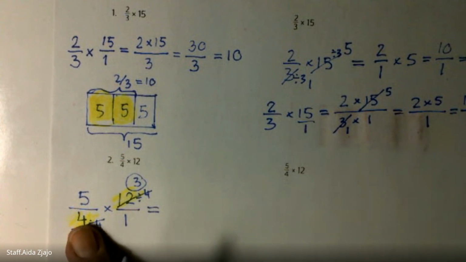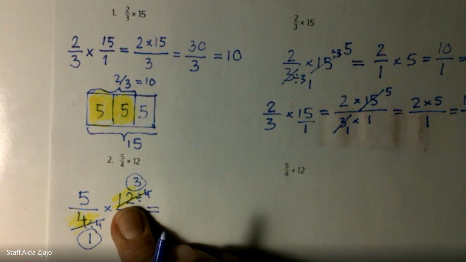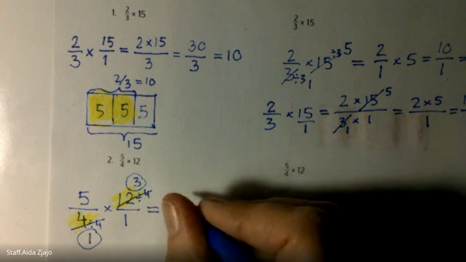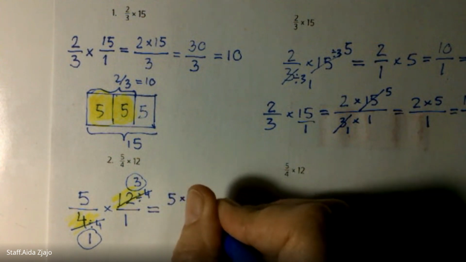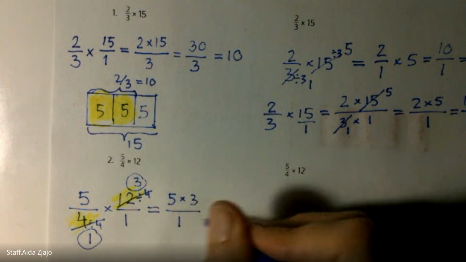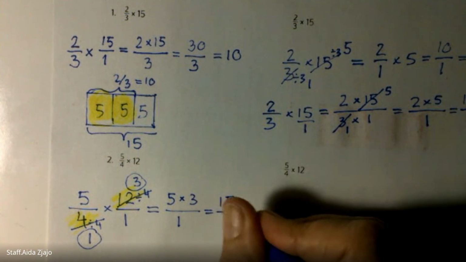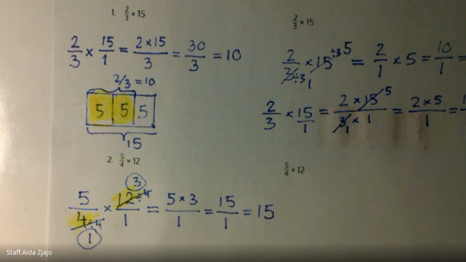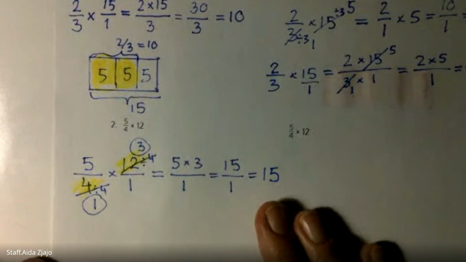So instead of multiplying 5 times 12, I will do 5 times 3, and instead of 4 times 1, I will do 1 times 1. We got 15 divided by 1 equals 15.